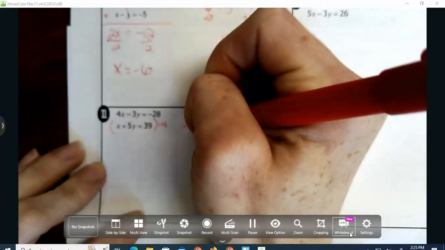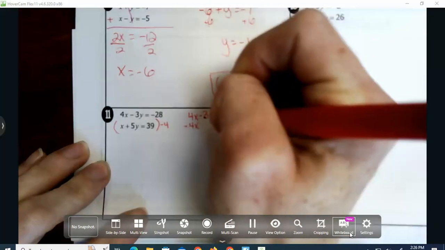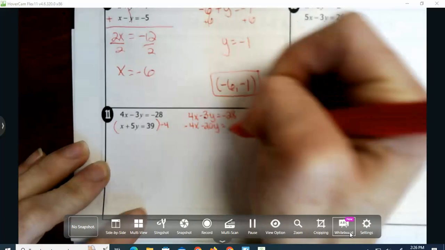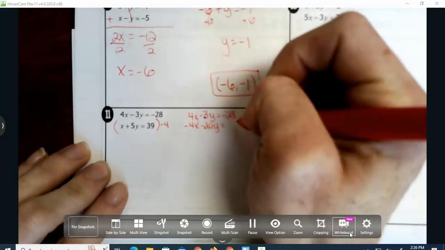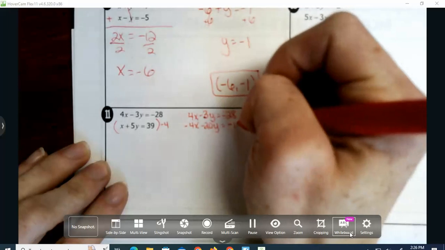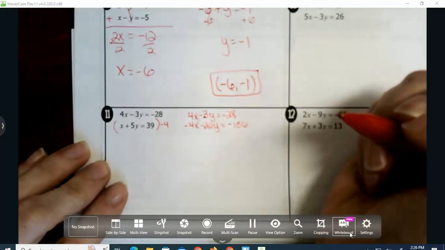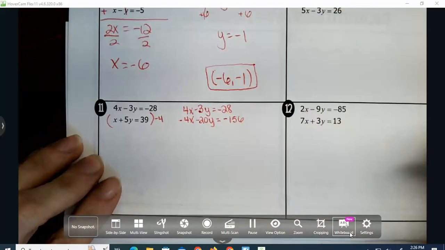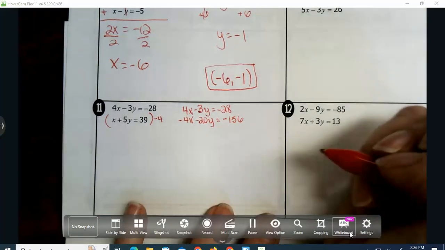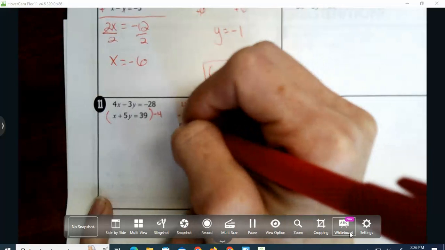Second one, we would have a negative 4x minus 20y equals negative 39 times 4. Negative 156. You guys are double checking me, right? You don't just trust my math.